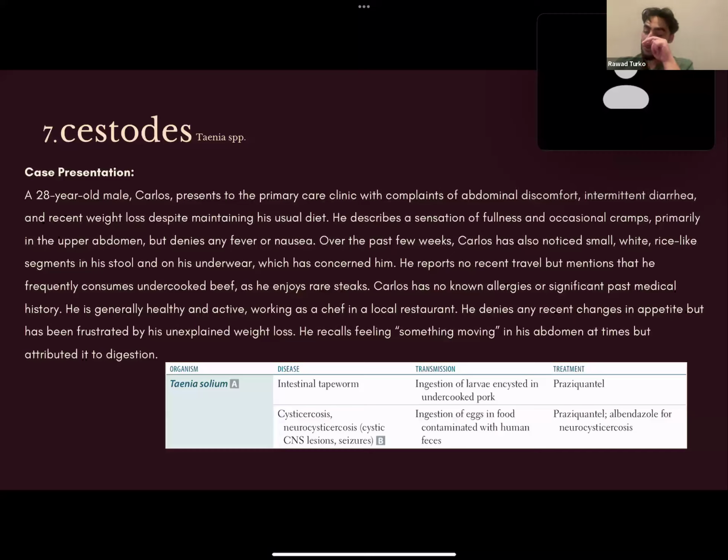So this is Taenia solium or Taenia saginata. Focus on this one right here. Ignore this for now. So intestinal tapeworm, ingestion of larvae in undercooked pork. These larvae are in cysts, which are the cysticerci, in undercooked pork. Pork for solium, beef for saginata. They can both cause the same disease.